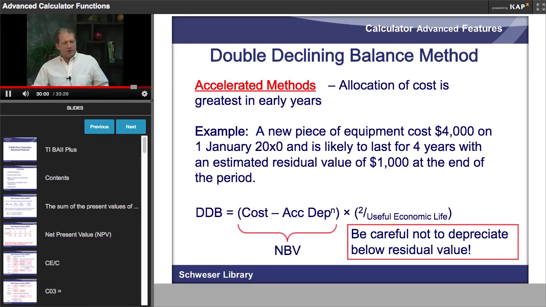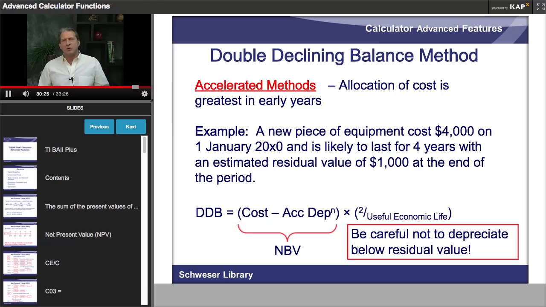So it's subtracting that salvage value off to give you the remaining depreciable value of the asset. Now, straight line is pretty straightforward, if you'll pardon that odd choice of words, but with accelerated methods, this could come in handy. One of the accelerated methods is double declining balance, and that's what we're going to find here. So in our example, we've got a new piece of equipment that costs $4,000 on the beginning day of the year.